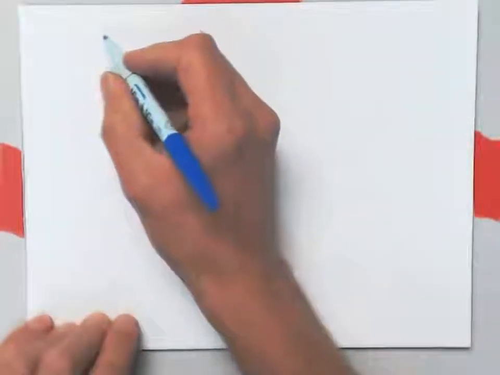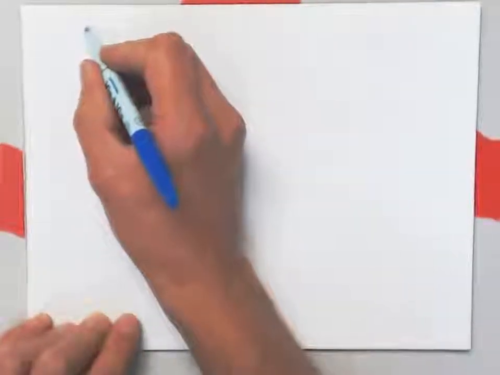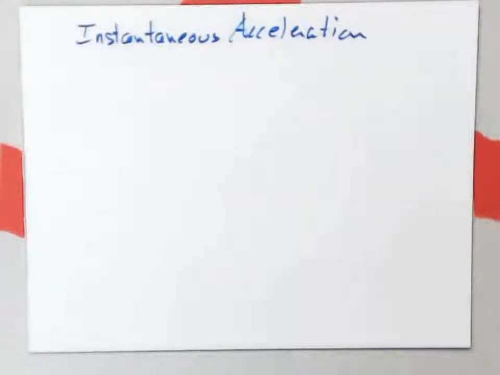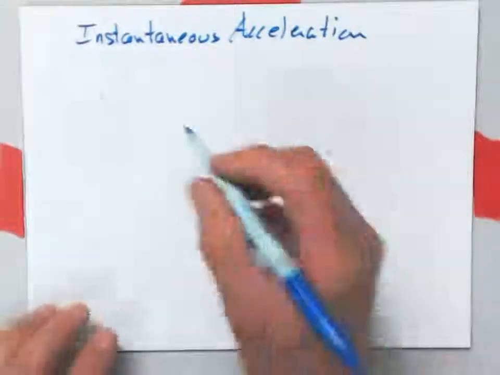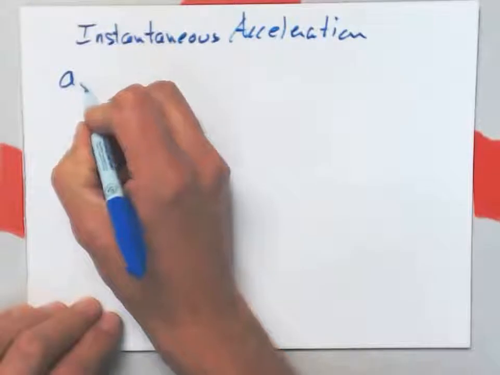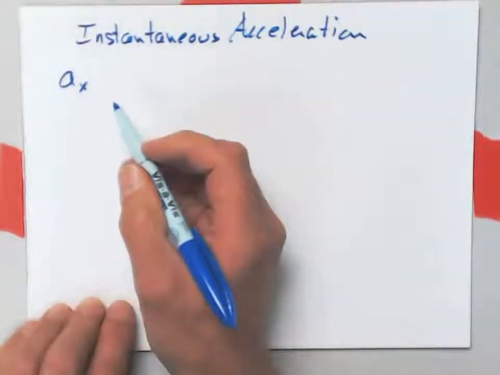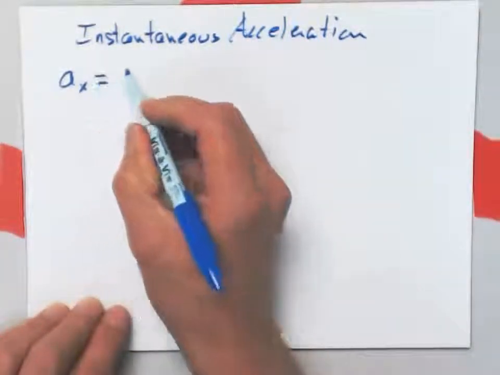Now, we're going to immediately move into instantaneous acceleration. And if you read the book on going from average velocity to instantaneous velocity, the process is the same here. For instantaneous acceleration, the expression is a sub x, we don't need the average subscript on there anymore because it's not going to be an average.